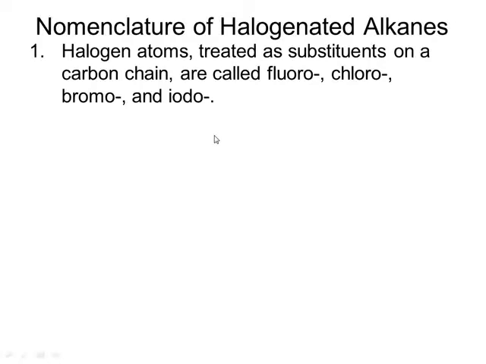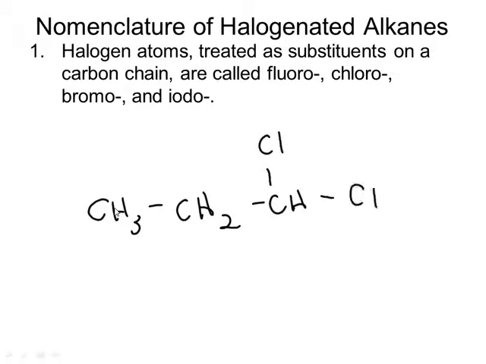So, simply put, halogen atoms are treated as substituents on the carbon chain, and their names are fluoro, chloro, bromo, and iodo for fluorine, chlorine, bromine, and iodine, respectively. So, if we had something like this, we start, as always, by naming our parent chain.